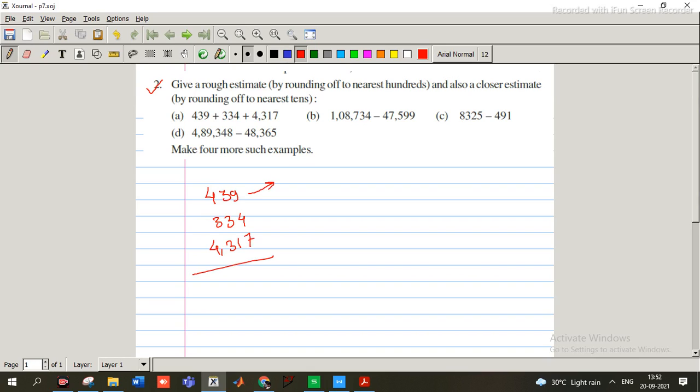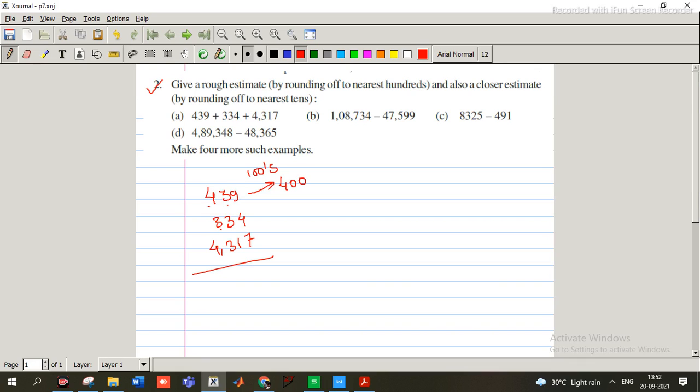Okay, let's approximate it to the nearest hundreds. That would work. As it is 439, which is less than 450, I'll write it as 400.